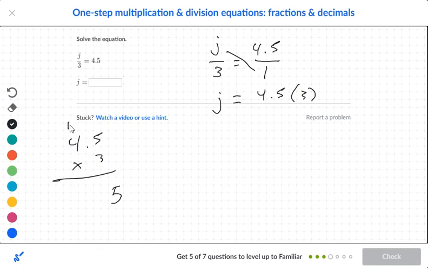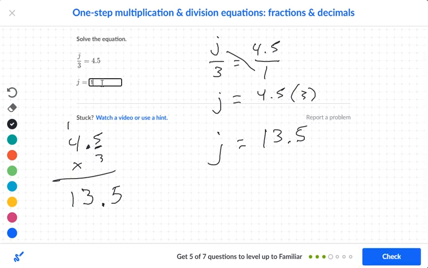Carry my 1. 4 times 3 is 12, plus 1 is 13. But you see that you got one number after the decimal, so you got to count one number over the decimal. So what does J become? J becomes 13.5. So we get 13.5.